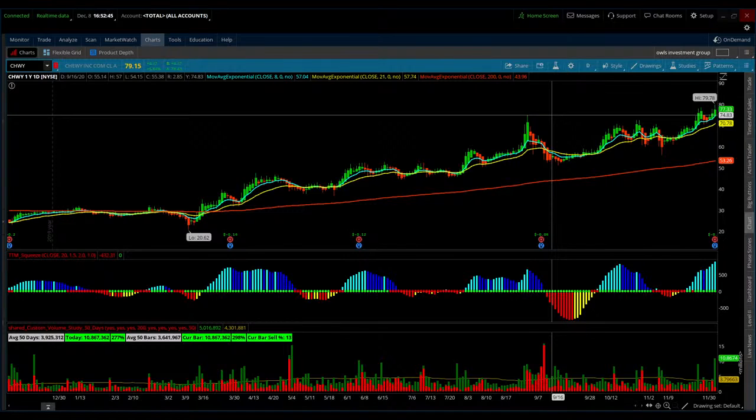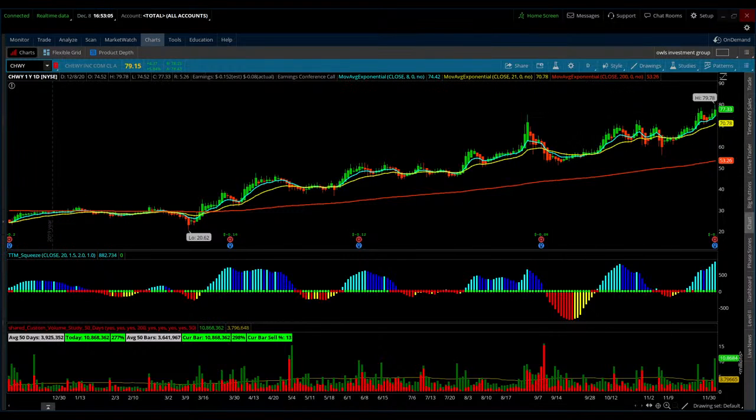Just for the basics, resistance and support. Resistance is like a ceiling, right? Your head is hitting that ceiling multiple times, and once you get past that resistance, you're expecting to rise. You broke through the ceiling.